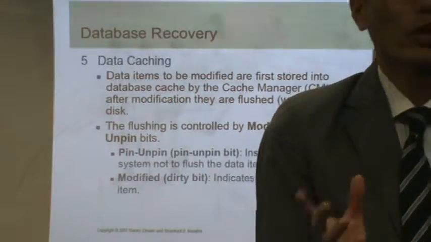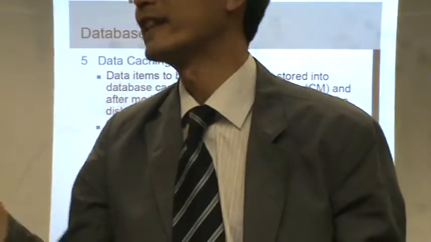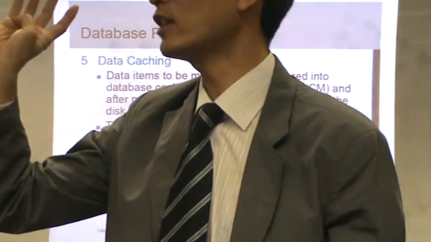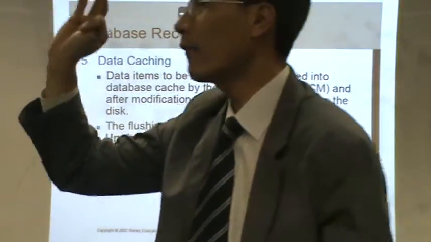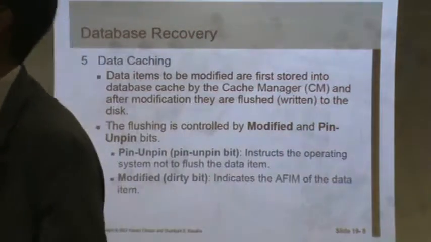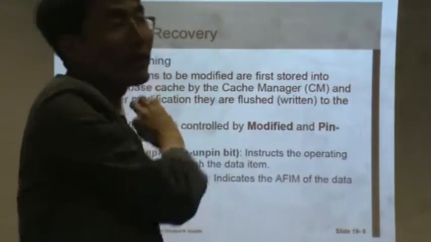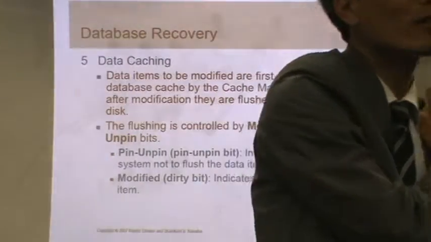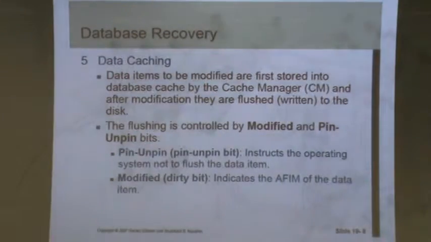How? We learned index, right? That's one thing. And also we can find the fastest way, so query optimization. Another one, the third one, is using cache. Database requires actually a huge amount of cache.